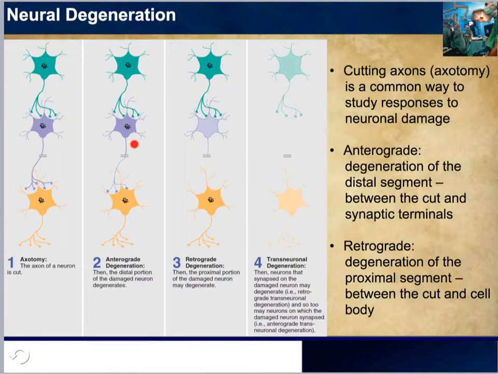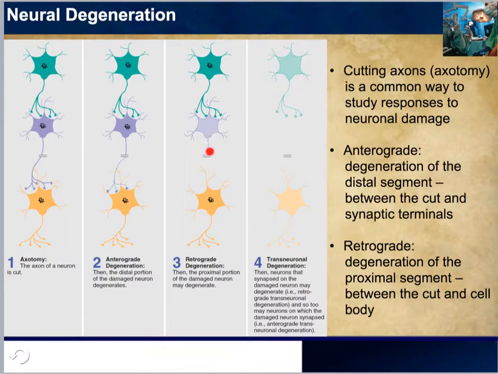So you would see the anterograde actually moving, and you could see the dotted line right here just beginning to fade away. We would also see the retrograde degeneration, which would be that the damage or the degeneration would occur to the cell body.